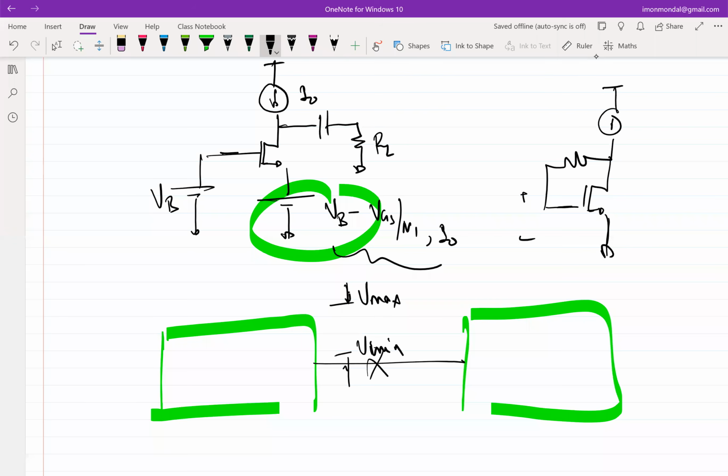Now you can always say, hey, I can AC couple. I'll put a coupling capacitor here, and then I don't have to bother. I can still live with it. But the issue is that when you are doing on-chip design, the values of these capacitors can end up becoming really large.